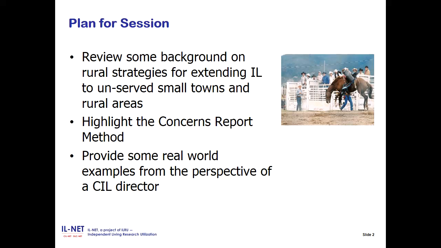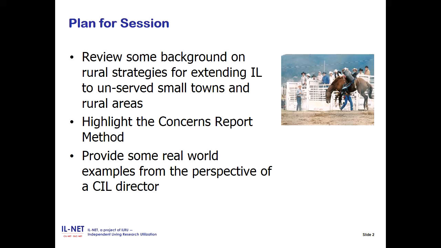I'm going to highlight some different methods, but in particular the concerns report method for organizing those kinds of communities.